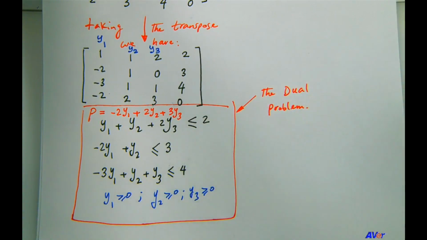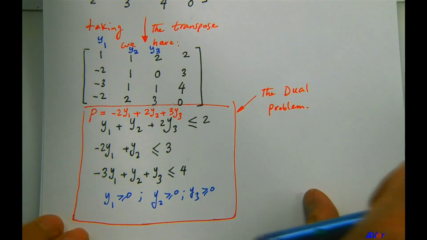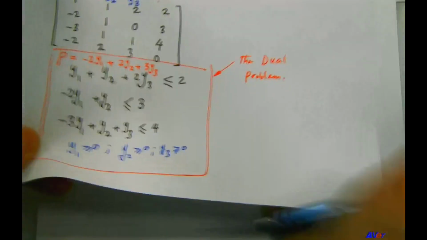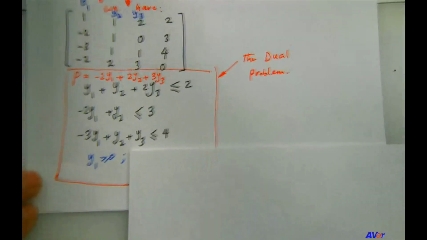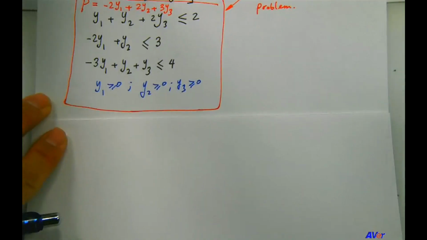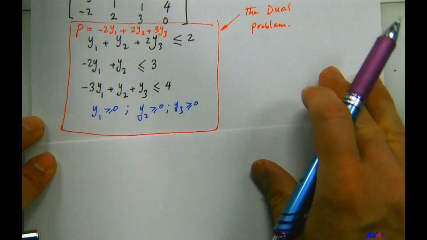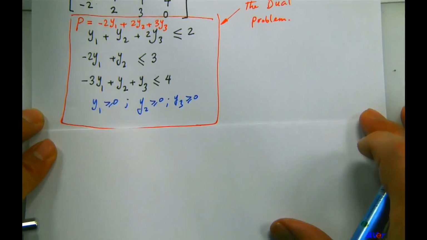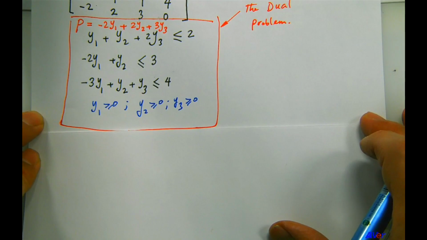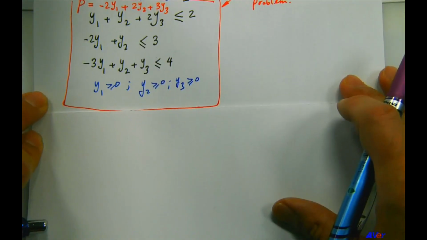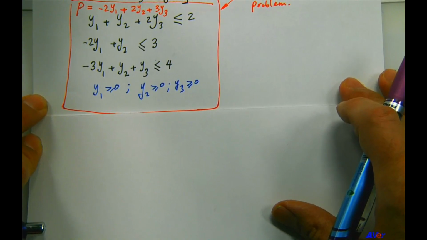And so in the previous section 5.2, we learned how to solve a maximum problem using the simplex method. So let's apply that method. And what is the first step in that simplex method to solve the maximum problem, which is this one? The dual problem is the maximum problem. What is the first step? The first step is, of course, write the initial simplex tableau, right? So let's do that like that.